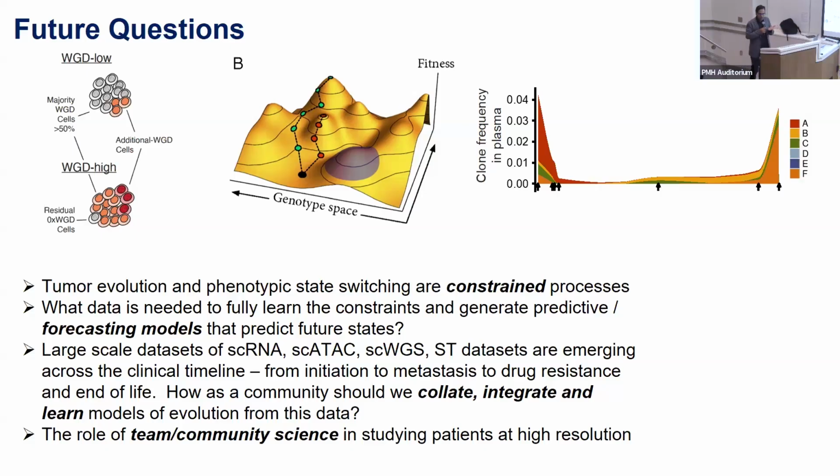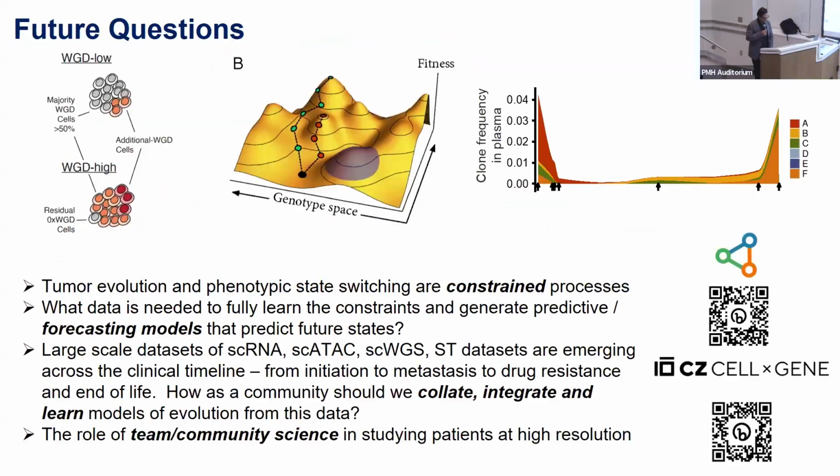I think this is achievable if we can embrace team community science in studying these patients at high resolution. And I contend that we must do this in patients. There's a lot of data in mouse model systems, and that's great, and we can understand mechanistically what's going on. But to understand the relevance in the clinic, this has to be done in patient materials, and it's tractable. Okay. So practice what you preach. All of our data is available. You can use it and study it.